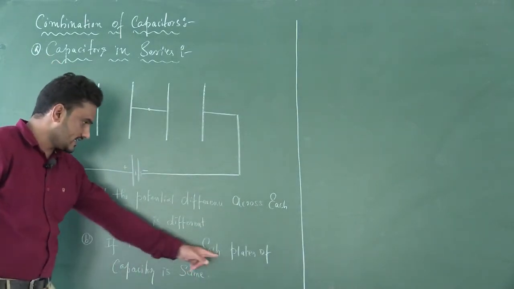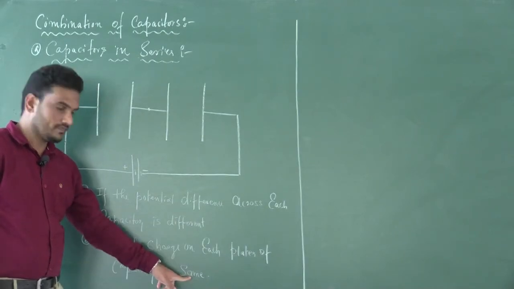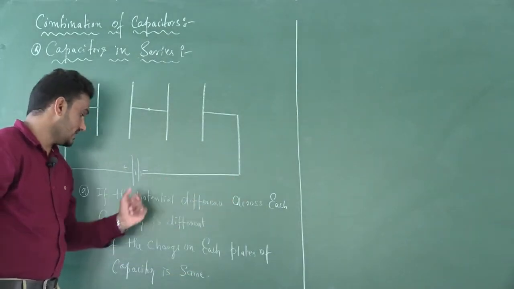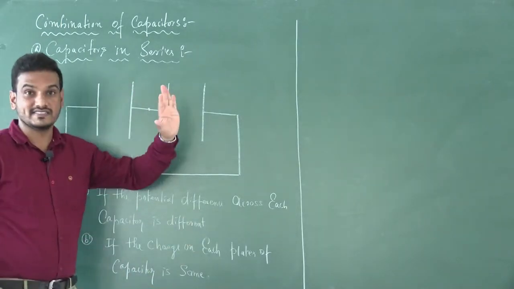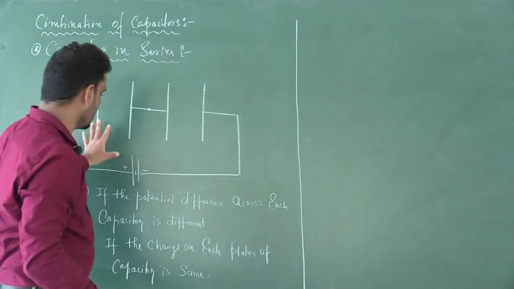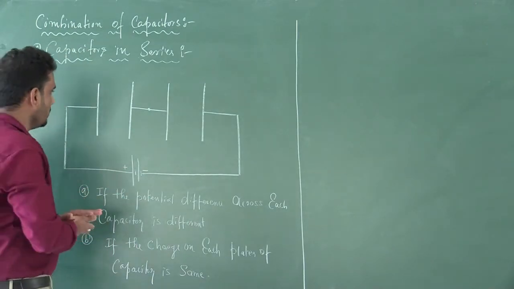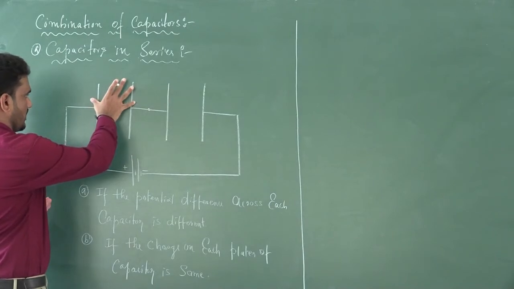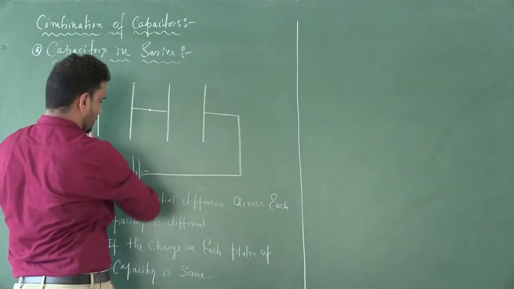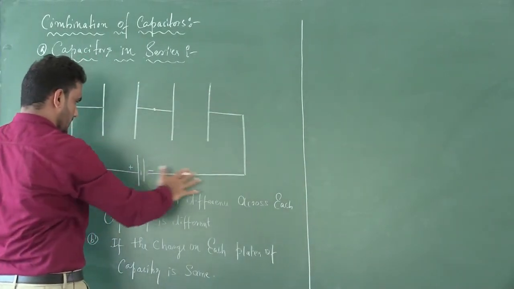So when the charge on each plate of the capacitor is same and the potential across each capacitor is different, then it is said to be connected in series. Look at this. Now two capacitors, capacitor 1 and 2, are connected in series across the battery.